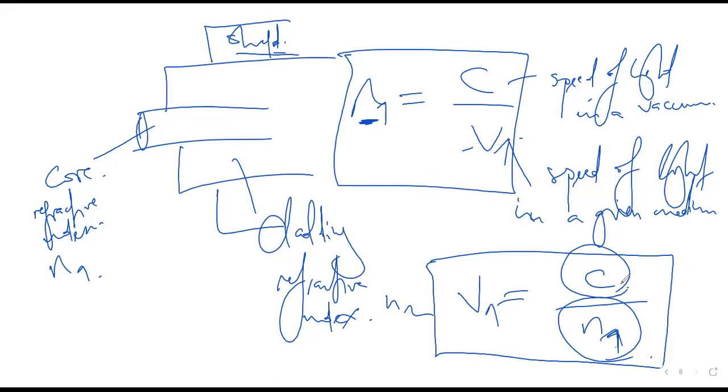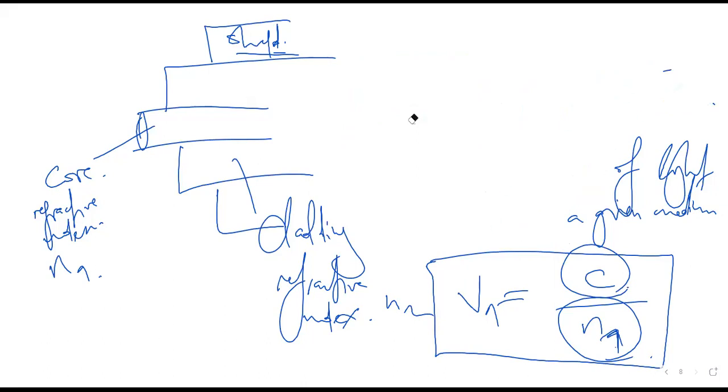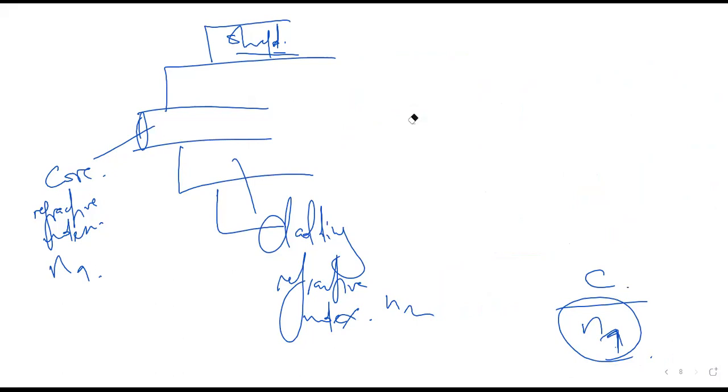So the refractive index of our core is N1, and the refractive index of our cladding is N2. Those are the values we are going to be using until infinity.